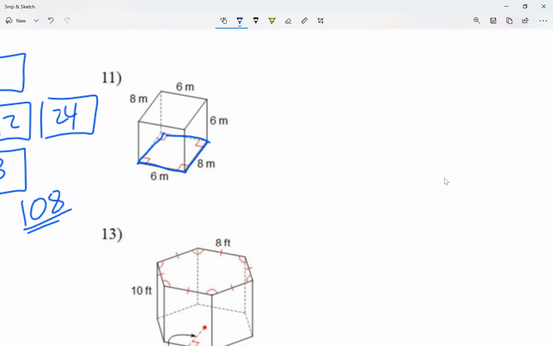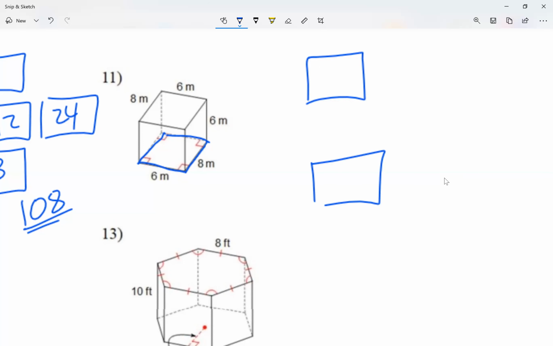When the base is a rectangle as well, then that makes it a little more complicated, but I'm going to help you guys out by highlighting the four corners of the rectangle. So I know the base in this case is a rectangle. It happens to be a 6 by 8 rectangle. For the bases I have to go 6 times 8, which is 48.